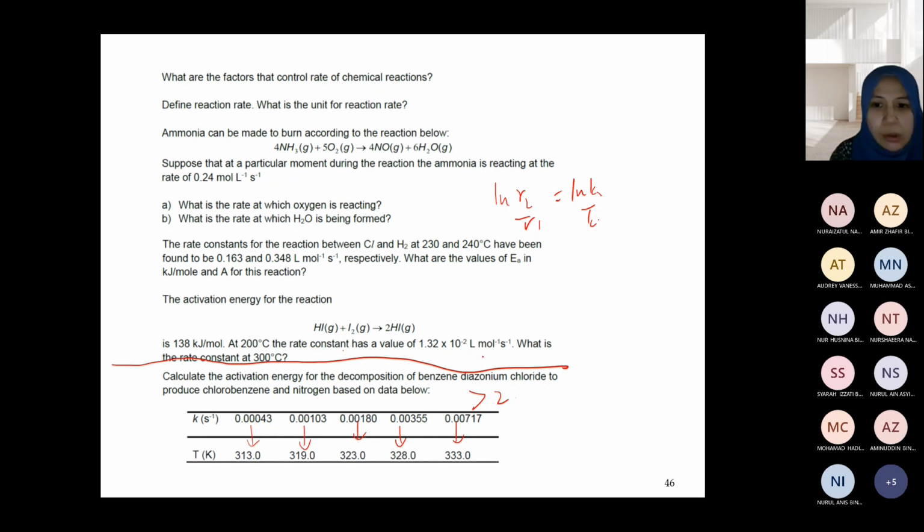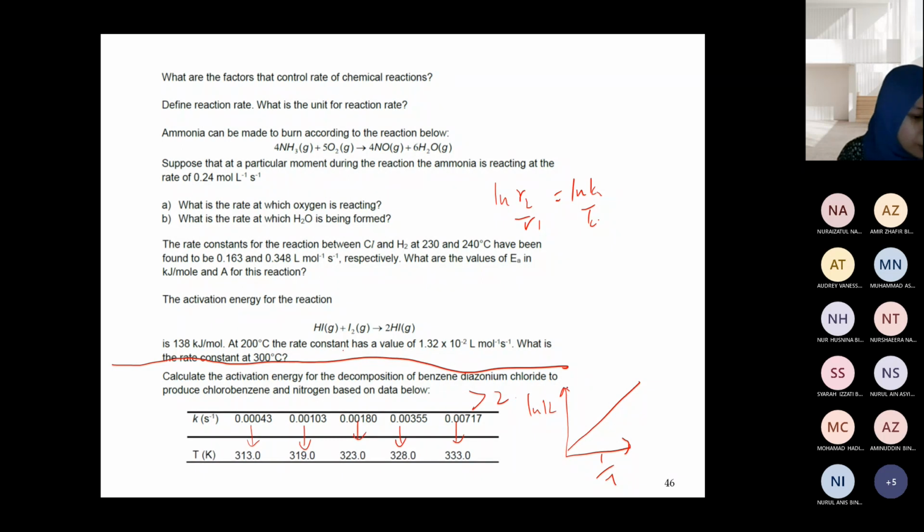So automatically you kena construct a graph which is ln K divided 1 over T, in order for you to get the slope. Alright, so the slope will represent the activation energy.